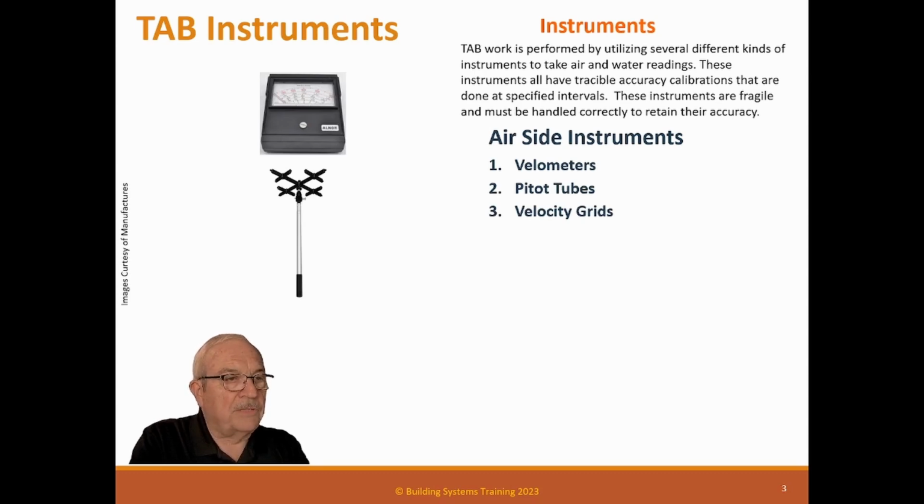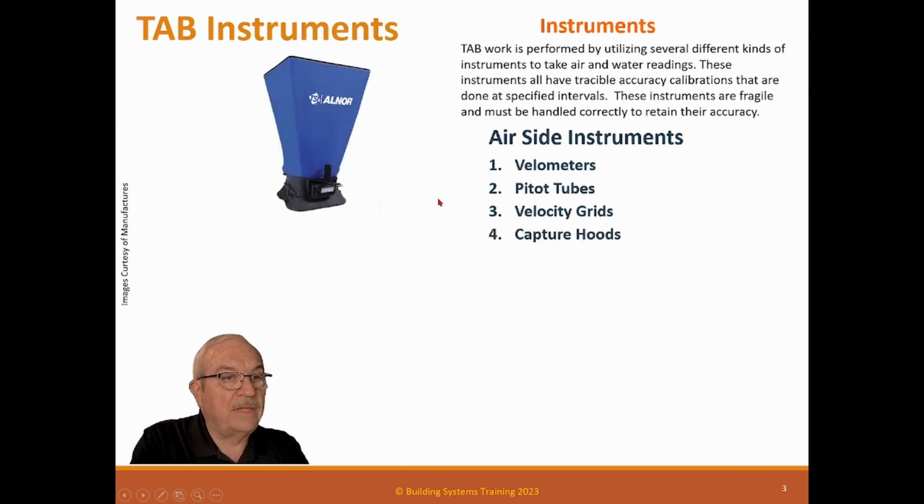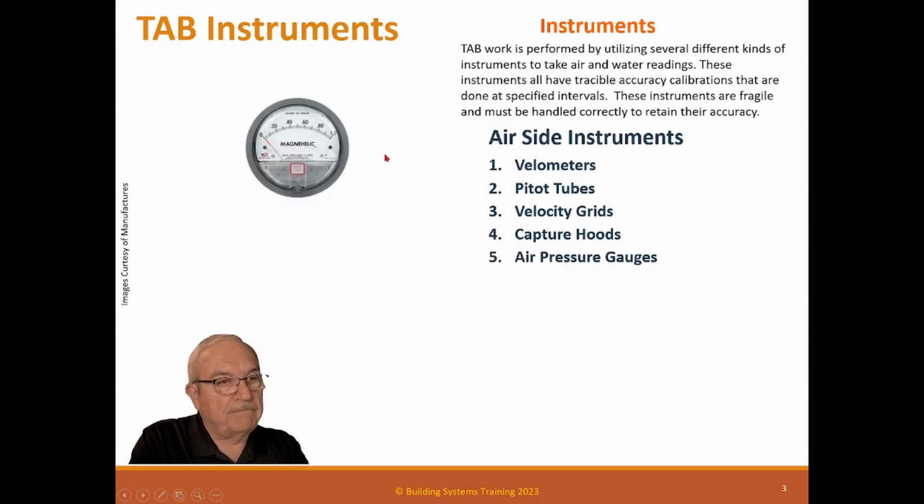We have velocity grids, and these are basically used to take readings on wall louvers or coils or things like that, where no other instrument takes an accurate reading. Capture hoods are used to capture air out of grilles and registers, and they work very well. There are air pressure gauges.